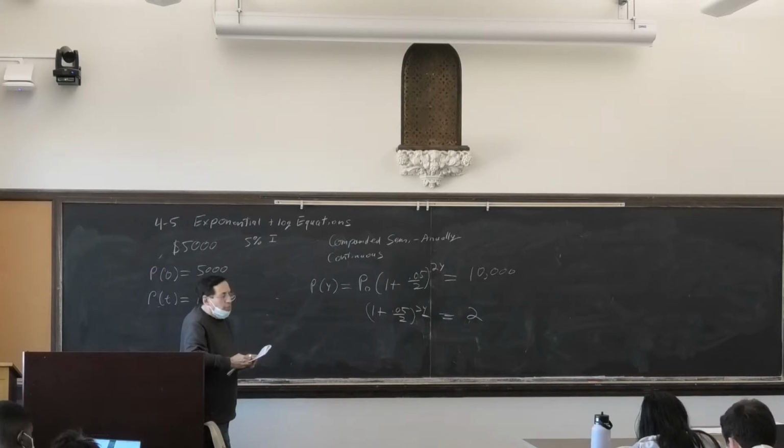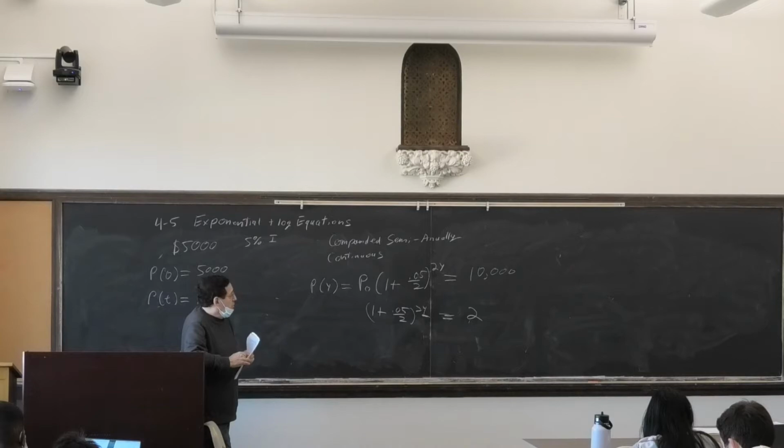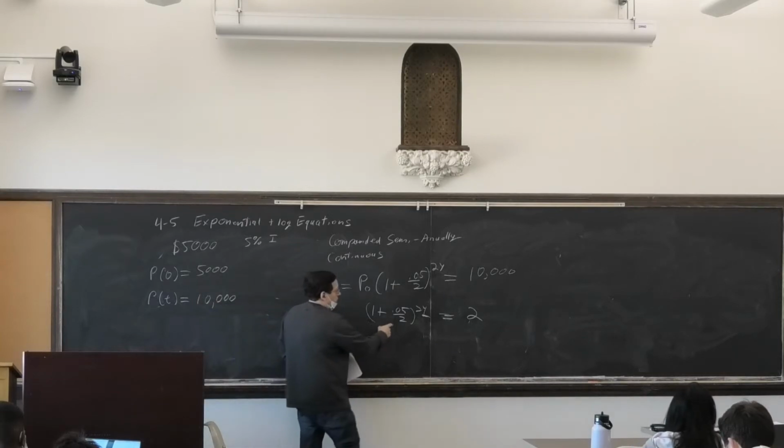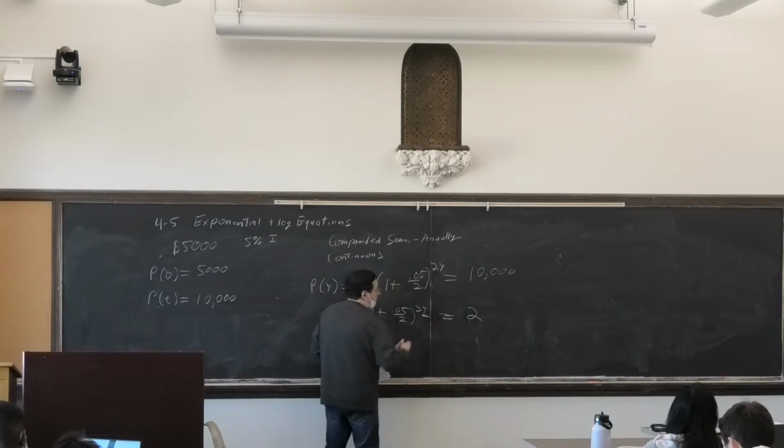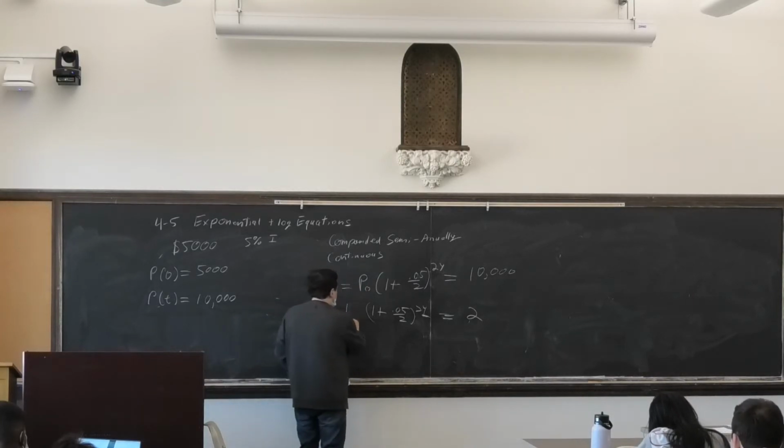Well, what have we been doing when we have an exponential function with the variable in the exponent? We can either rewrite this in log form, or we could take the log of both sides.